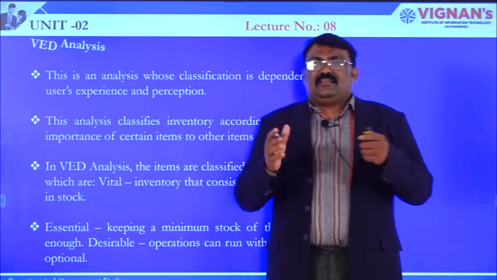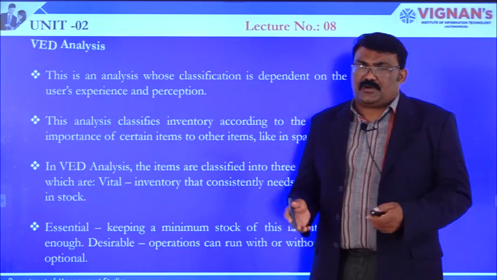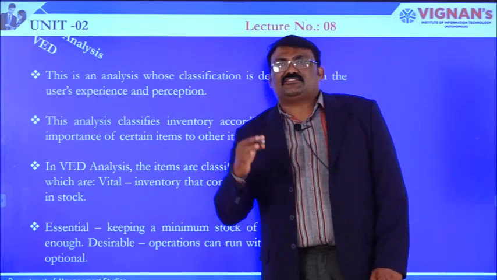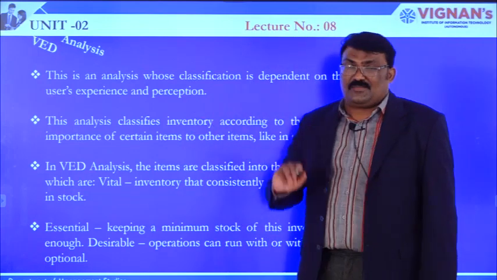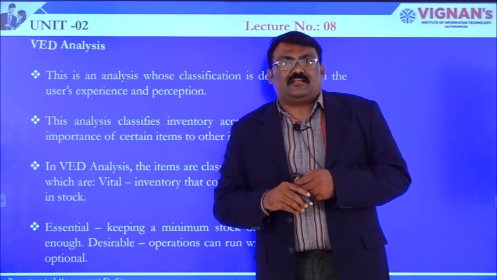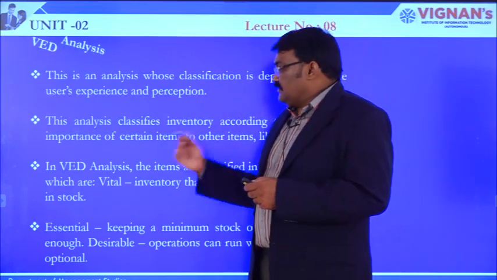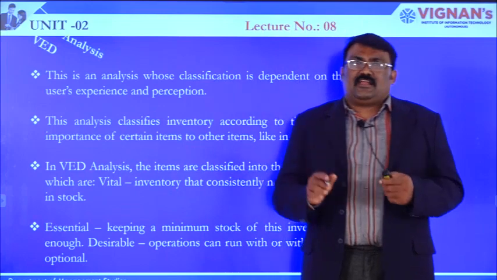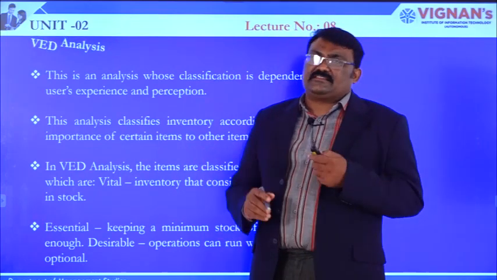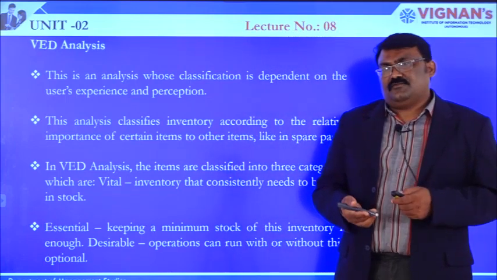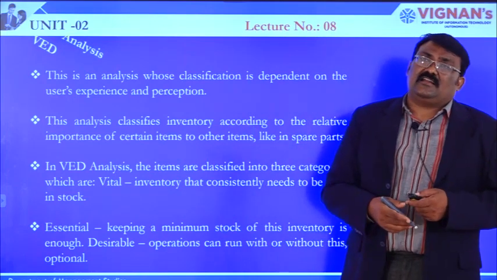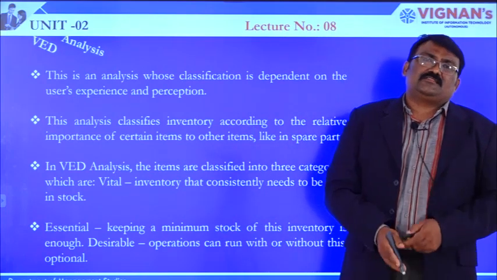If I take three spare parts or three raw materials, the one which stands to be the most vital will be taken as vital. The second category will be taken as essential, and the third one will be taken as desirable. If all the three are essential, all the three will be placed in essential.